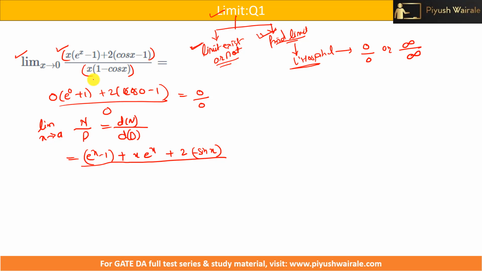Divided by the derivative of the denominator, where we again apply the uv rule: 1 minus cos x plus x into the derivative of cos x, which is minus sin x. Minus minus gives plus, so that is plus x sin x.